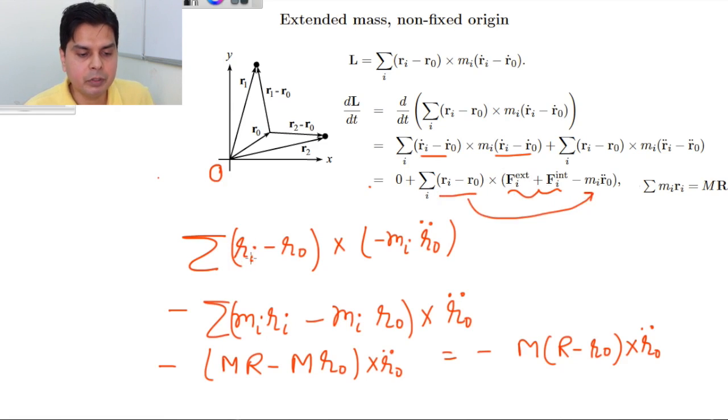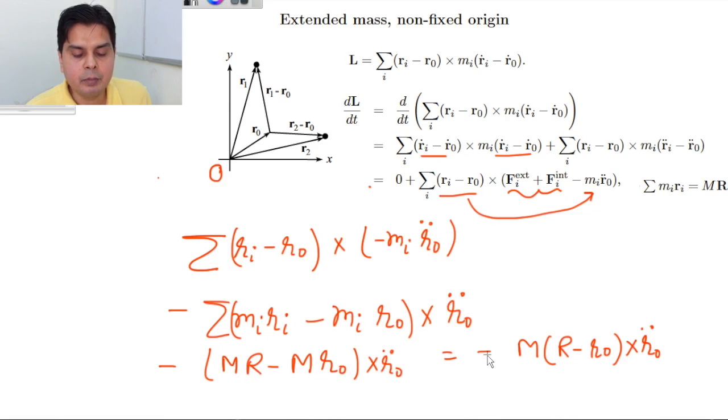This will be summation (Ri minus R0) cross this thing. When you expand this, you will get (Mi Ri minus Mi R0) cross R0 double dot. Now this summation Mi Ri is nothing but capital M into R, where R is the position vector of center of mass. Now when you do the Mi summation, you will get capital M, and this R0 is constant, so you will get M R minus M R0, and this cross R0 double dot will remain.